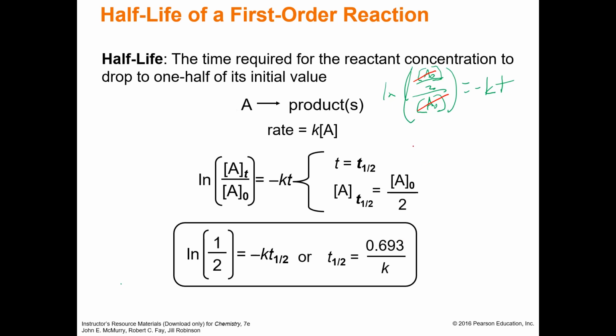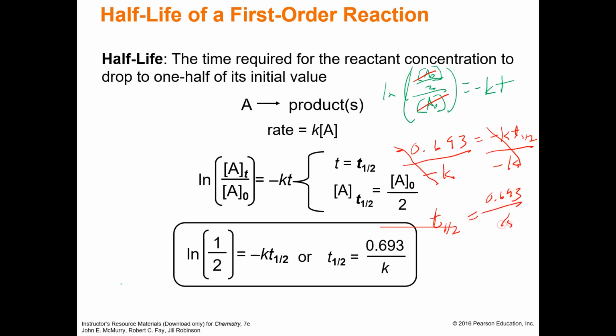So this comes out to negative 0.693 equals negative kt 1/2. And if we want to get t1/2 by itself, we divide both sides by negative k, the negatives cancel out, and we're left with t1/2 is equal to 0.693 over k.